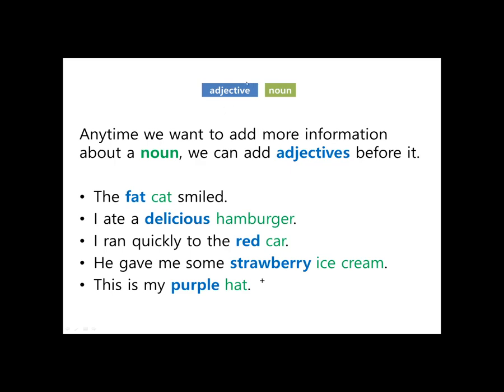So here we see we have the noun, and then we put the adjective right before it. So cat, adjective here. Hamburger, adjective right in front. Car, right in front. So you can always add more information to a noun by putting an adjective right in front of it.